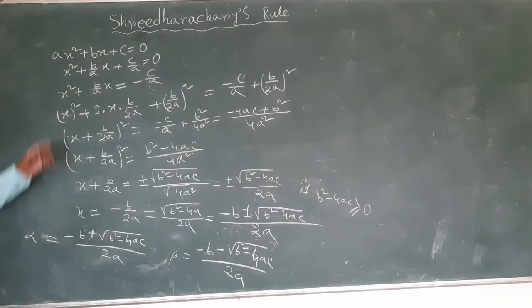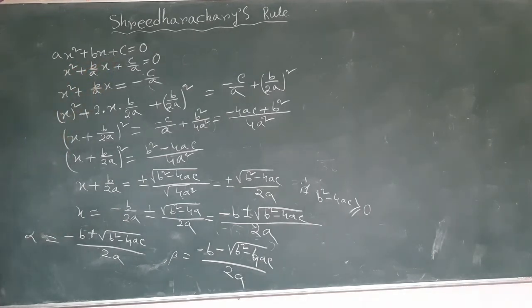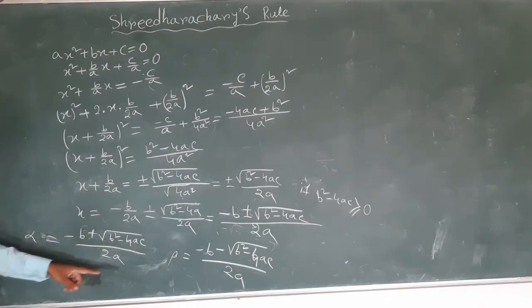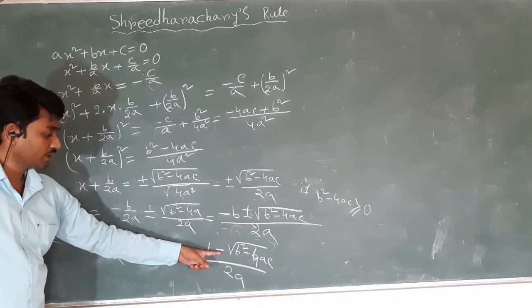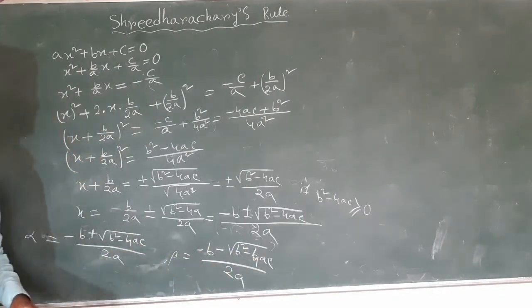So if the quadratic equation is ax square plus bx plus c is equal to 0, then its roots are alpha equal to minus b plus under root b square minus 4ac upon 2a, and another root beta is equal to minus b minus under root b square minus 4ac upon 2a.